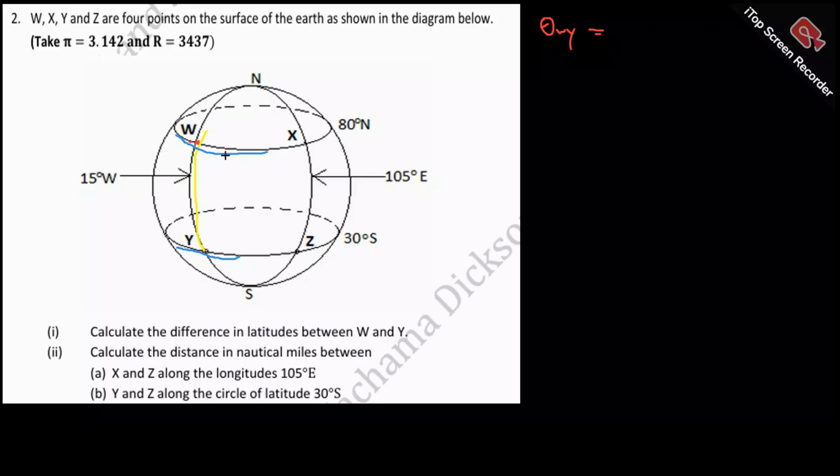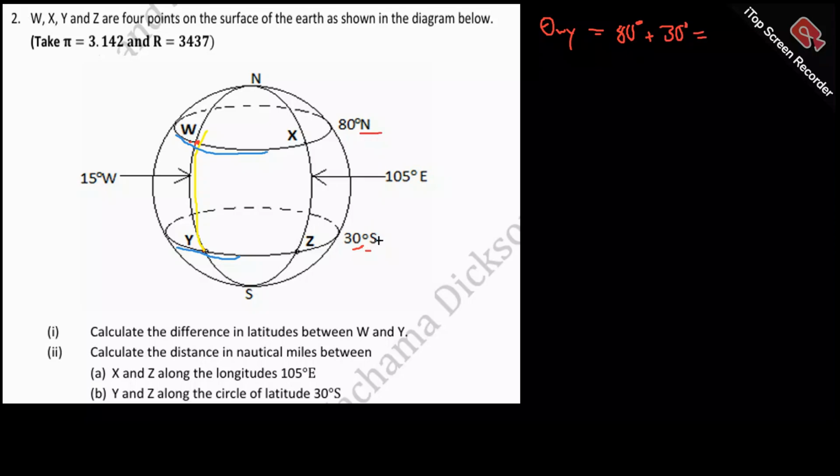What is the latitude passing through point W? That is 80 degrees north, plus what about Q? The latitude 30. And we can see the sides, this one and this one, they are different.